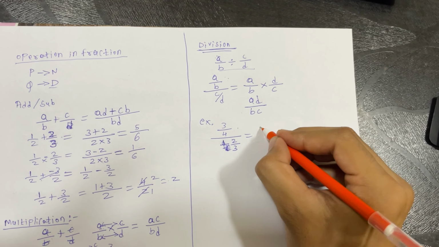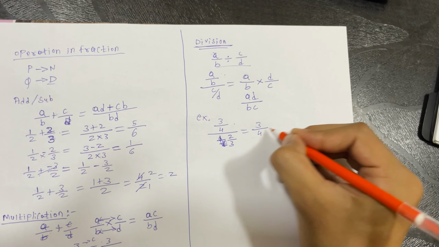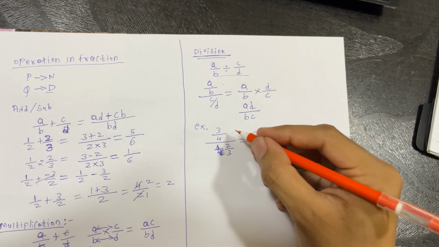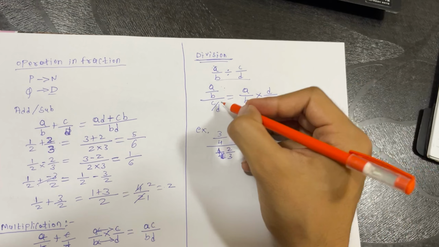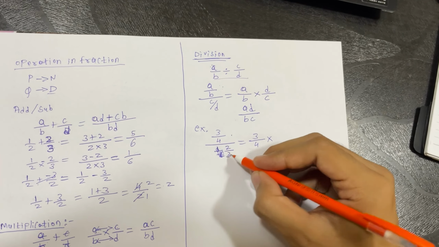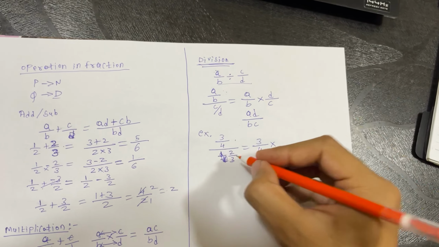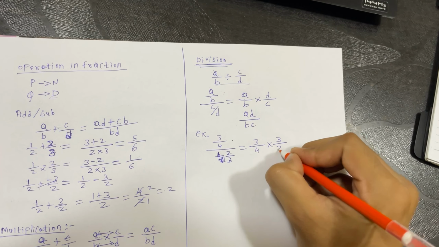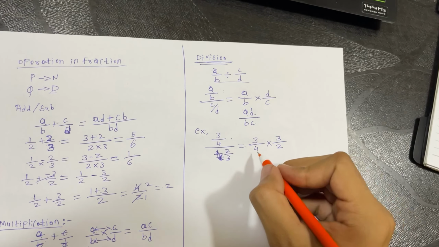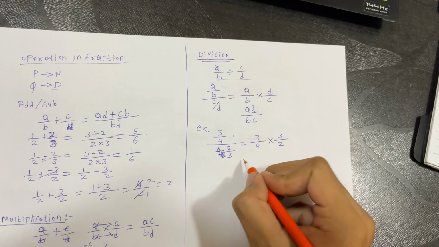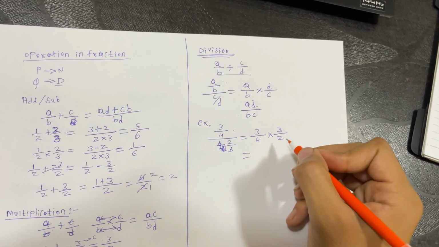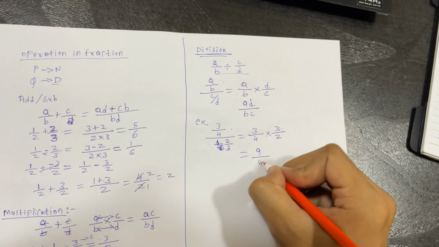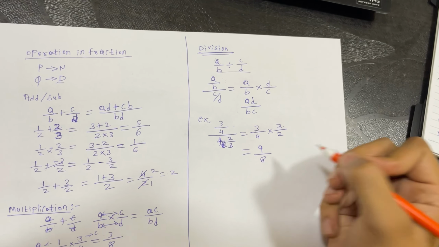So in the same way I will do 3 by 4 into, when we take the fractional part into numerator, we have to keep in mind that it will get flipped. Okay, so 2 by 3 will now become 3 by 2. Okay, and then we have to just multiply it. So 3 into 3 is 9 and 4 into 2 is 8. So the value is 9 by 8.